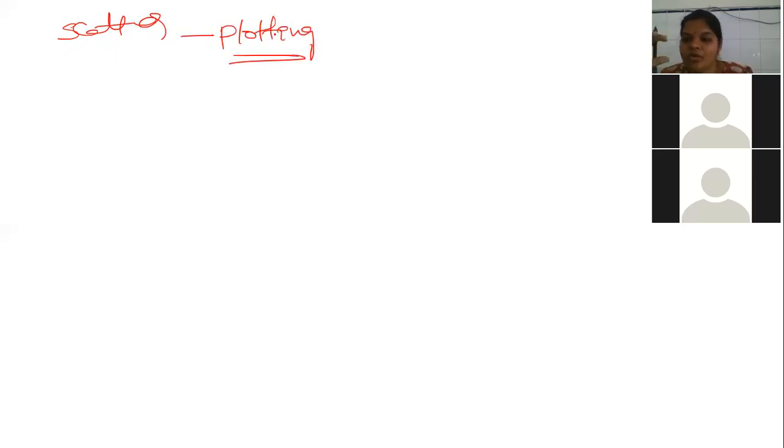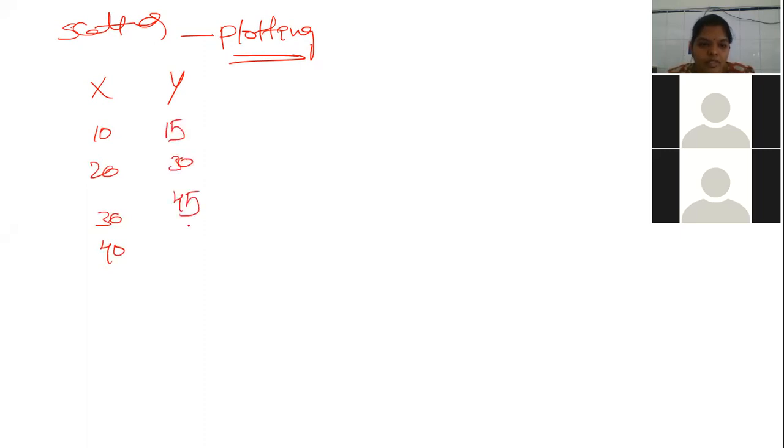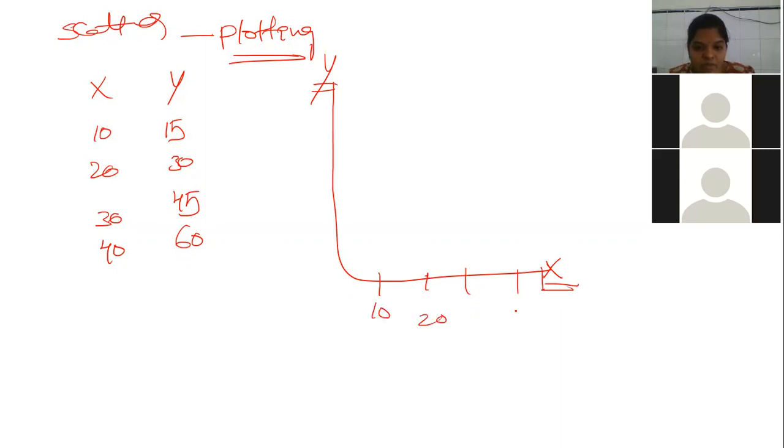Scattering means what? Generally, you just plot whatever data you have on a graph paper. For example, this is 15, 30, 45, 60. If you take the variable on x, you can divide it in units of 10, 20, 30, 40.